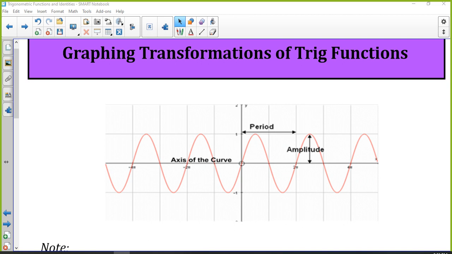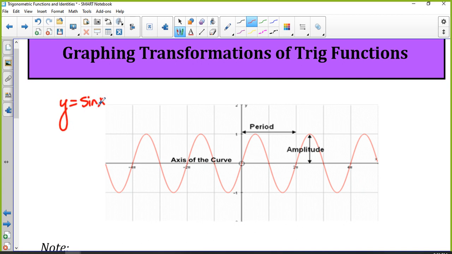All right, so we're looking at the graph of y equals sine x, and it's shown over here. Now, some features of the graph of y equals sine x. So first of all, the period of a sinusoidal function is where if we pick one starting point, it goes through one complete cycle.